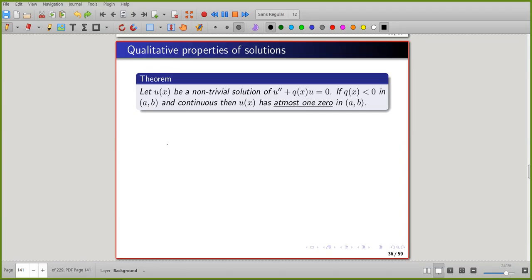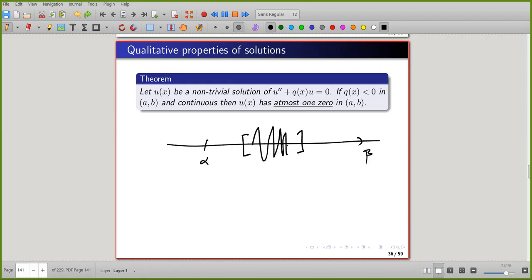The previous theorem was saying that we have our alpha and beta, and if we take any finite interval, then our u cannot oscillate like this. It can only have finitely many zeros and then it will go out. On the other hand, I can construct some horrible functions which oscillate like this.